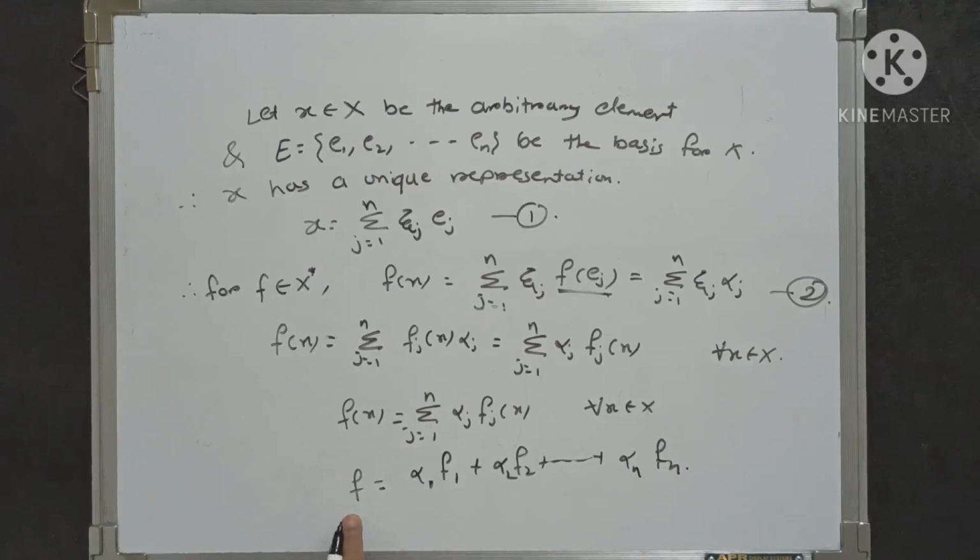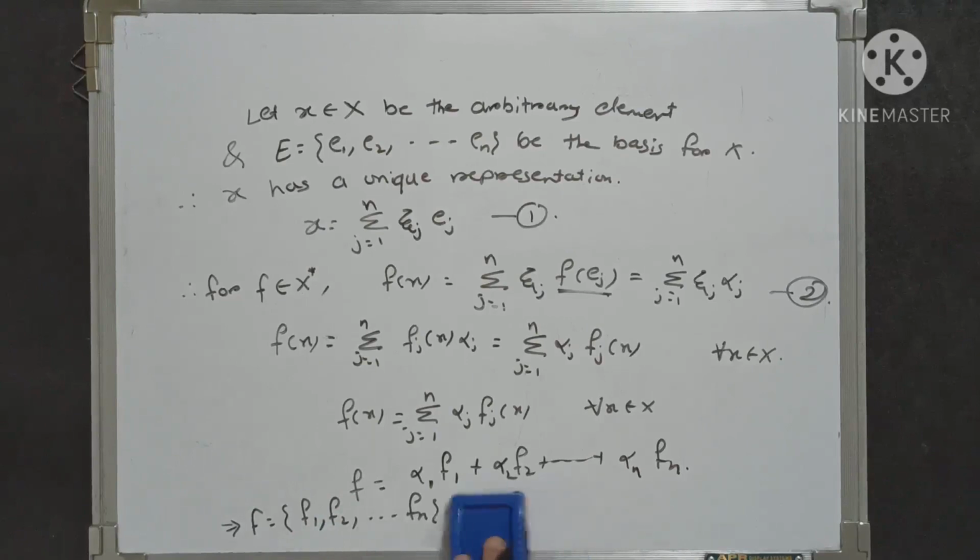Therefore every element of X star has a unique representation in terms of f1, f2 up to fn, and this implies that the set capital F of all the linear functionals f1, f2 up to fn is linearly independent, and every element of X star has a unique representation in terms of them.